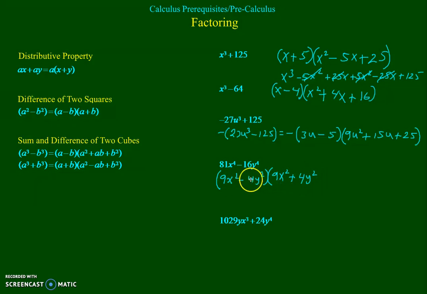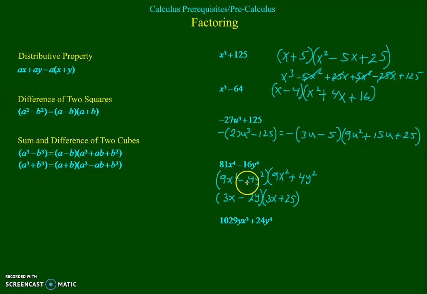But now here we have another difference of two squares, because 9 is 3 squared, and clearly x squared is a perfect square. 4 is 2 squared, and y squared is a perfect square. So this next set, we're going to have 3x minus 2y, and then the next set of terms is going to be this with the positive sign, 3x plus 2y.